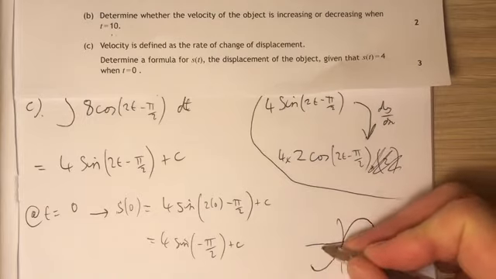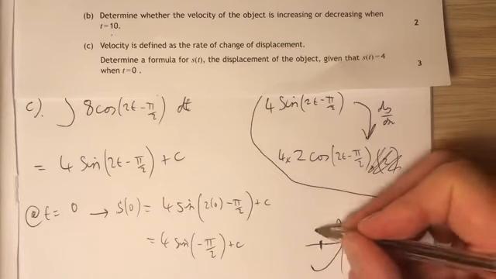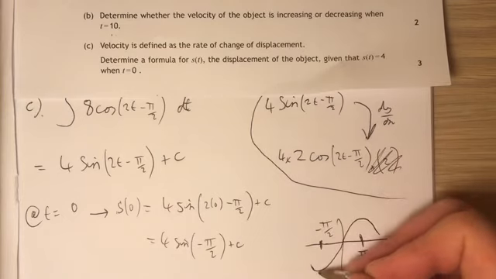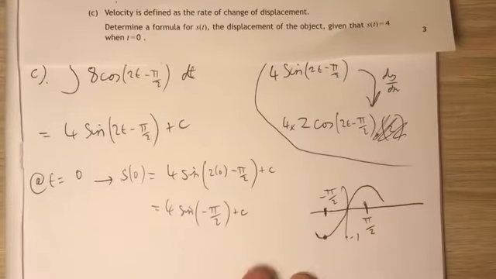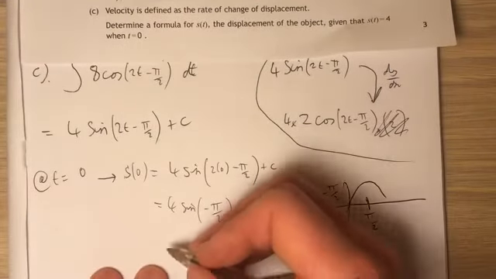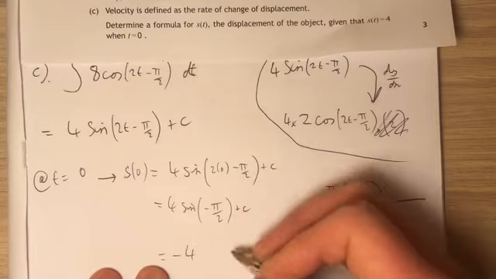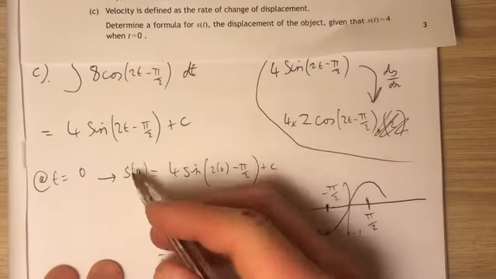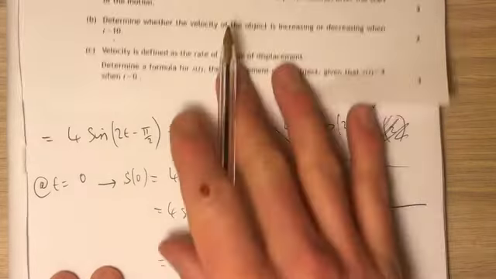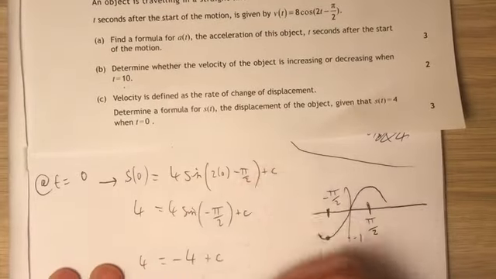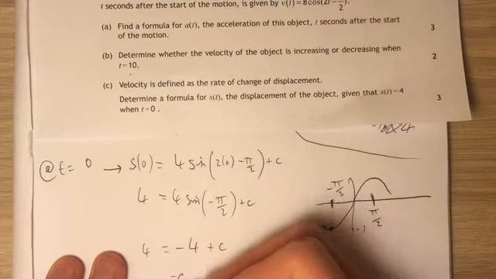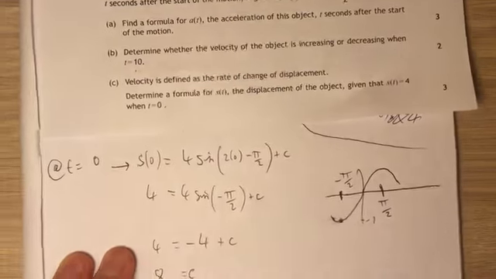So negative pi over 2 is going to be like going this one, so it's going to be like here. So like minus 1. So this bit is minus 1. So equals minus 4 plus c. S of 0 is 4. So 4 equals minus 4 plus c, and c is going to be 8.